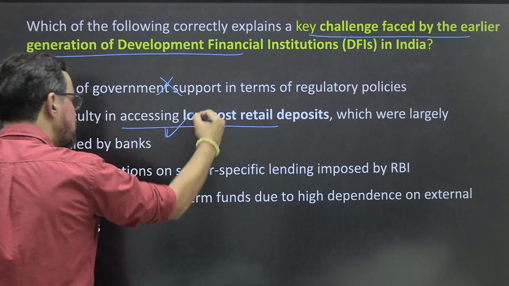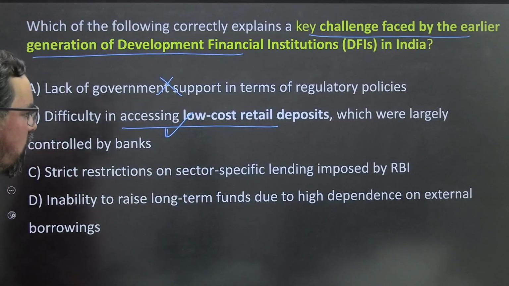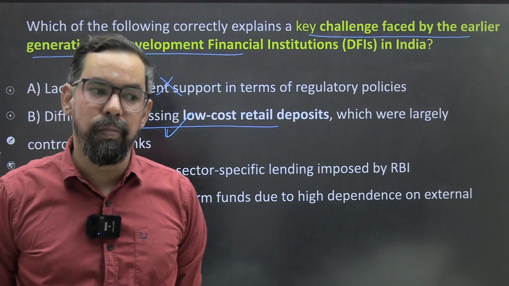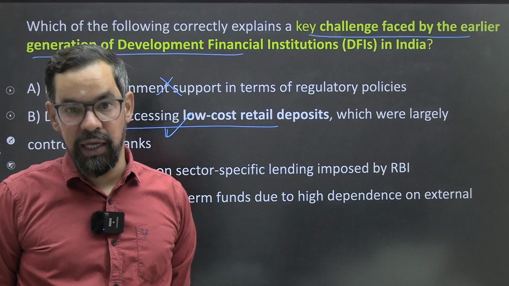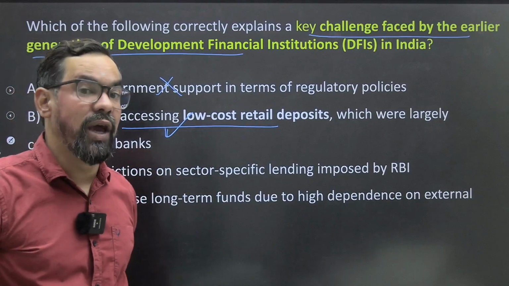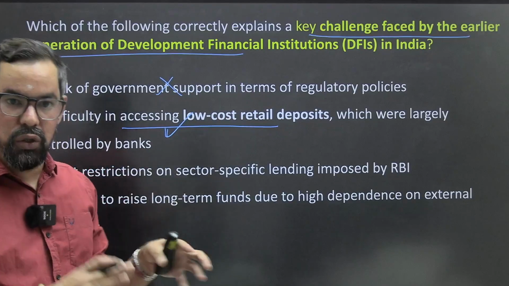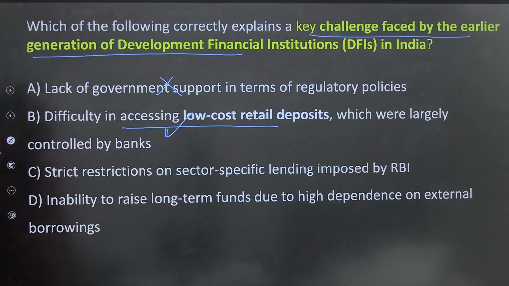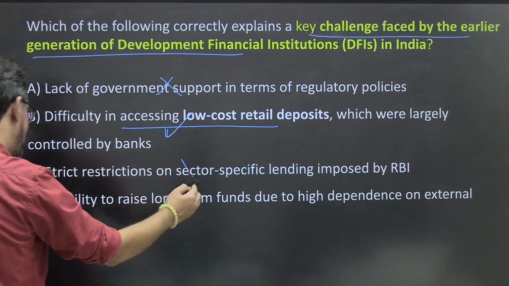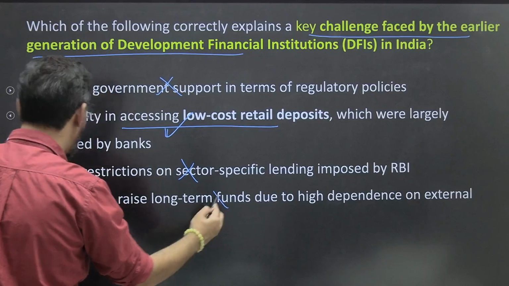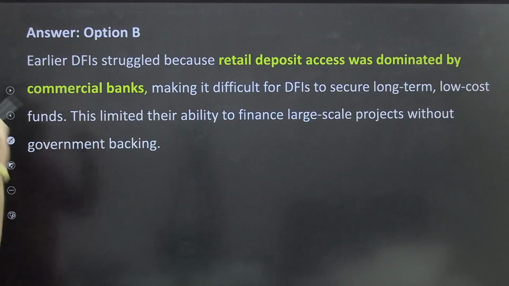This is 100% true, because for these low-cost retail deposits, people have more trust in the banking system instead of DFIs. So this was a bigger challenge for these small institutions. Strict restrictions on public sector lending imposed by RBI, inability to raise long-term funds. Option D will be the right answer for this particular one.